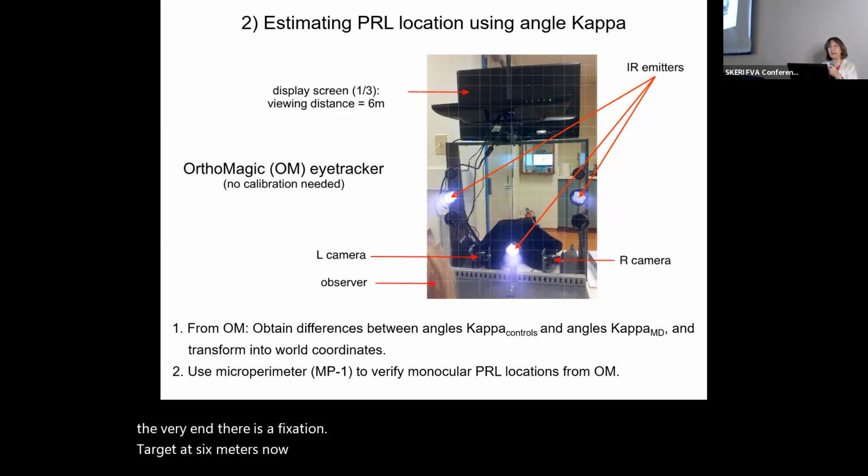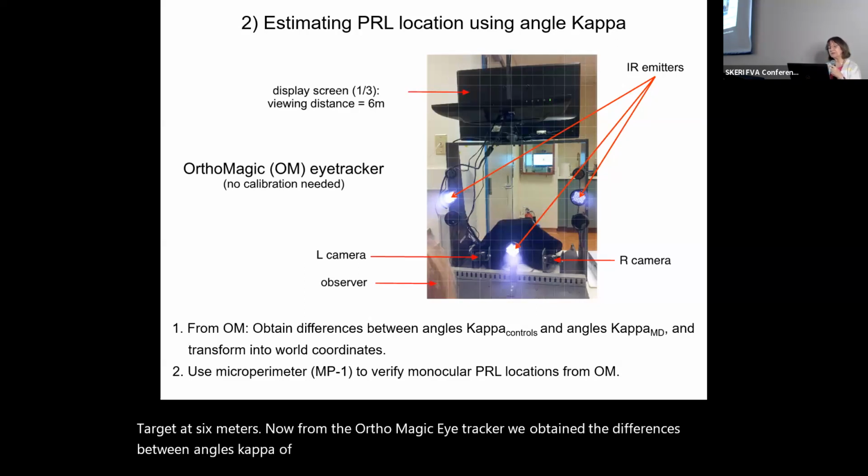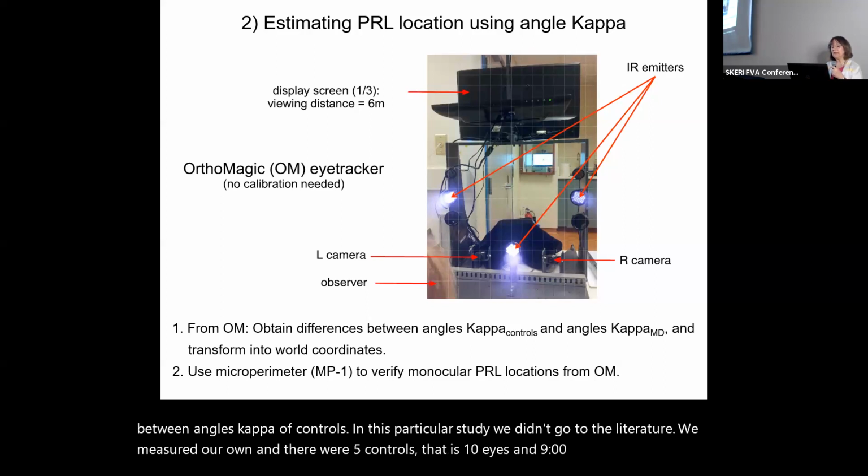Now, from the Orthomagic eye tracker, we obtained the differences between angles kappa of controls. In this particular study, we didn't go to the literature, we measured our own, and there were 5 controls, that is 10 eyes, and 9 patients with bilateral age-related macular degeneration.